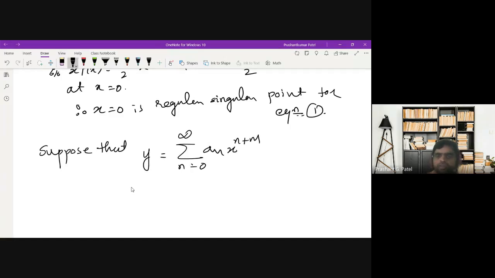This is the Frobenius series that we discussed in the previous lecture, which is valid in the neighborhood of x equal to x0. Then we can have y dash, the first derivative of this, which will be summation n running from 0 to infinity (n plus m) into a n x raised to n plus m minus 1.